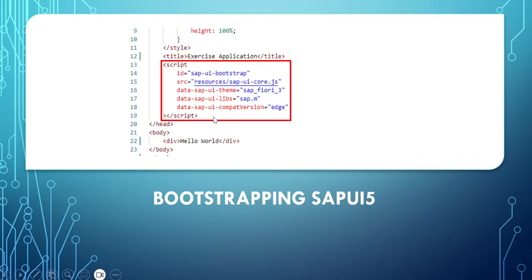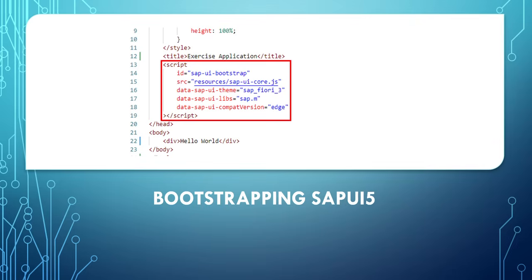Among these configuration options, we can set some via the bootstrap script tag. For this purpose, attributes named data-sap-ui-* are added to the script tag. This is predefined; the remaining things we load within the application script, and we follow some steps to implement an SAP UI5 application.